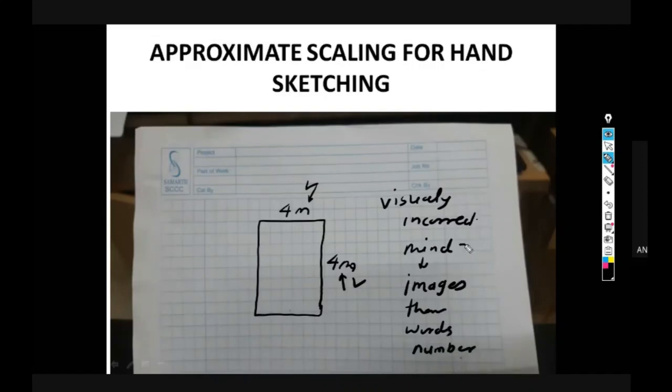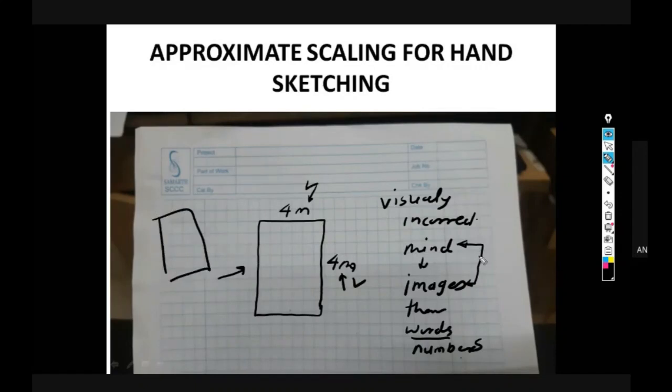The mind can read images and sketches very easily, and it remembers sketches and images before words and numbers. Let's say there is a square of 4 meter by 4 meter, but you generally remember this shape. So when I ask after 10 or 15 days, you'll immediately draw a rectangle only, but actually it is a square.